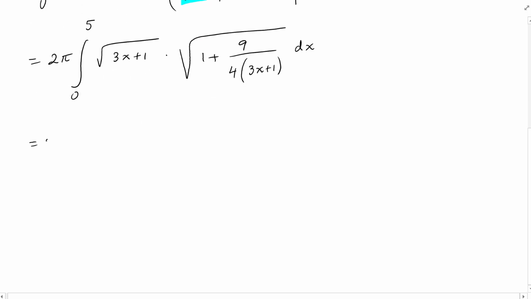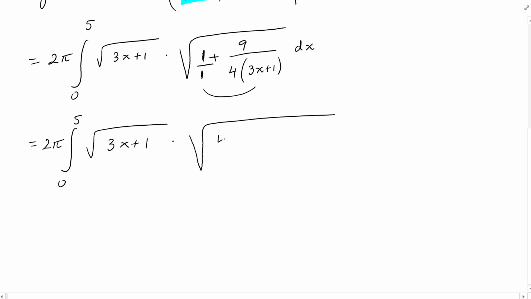So integral from 0 to 5, square root of 3x plus 1 times, and because this is 1 here, I can put it as 1 over 1, and to add two fractions I need the same denominator, so it's going to be 4 times 3x plus 1 plus 9 over 4 times 3x plus 1, dx.